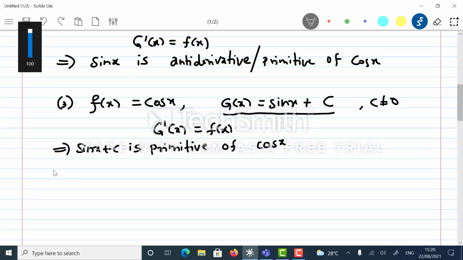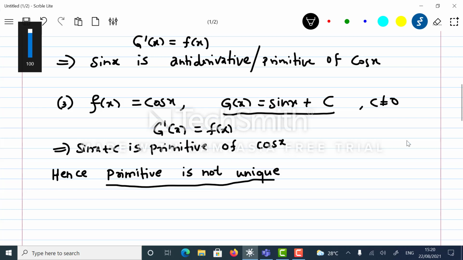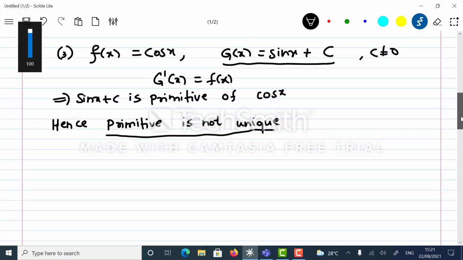Hence primitive is not unique. They are unique up to a constant, or two primitives differ by a constant, because you can see that sin x is a primitive here, and sin x + c is also a primitive. So they differ by a constant. This is one of the reasons.